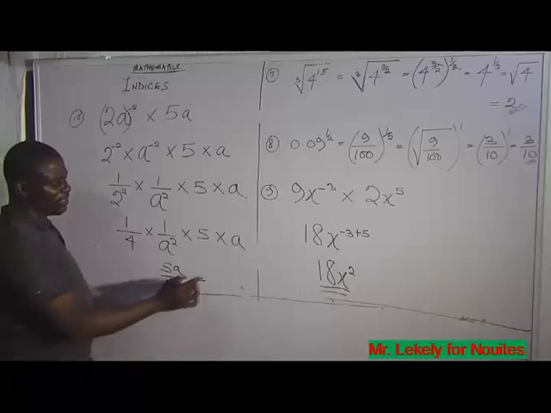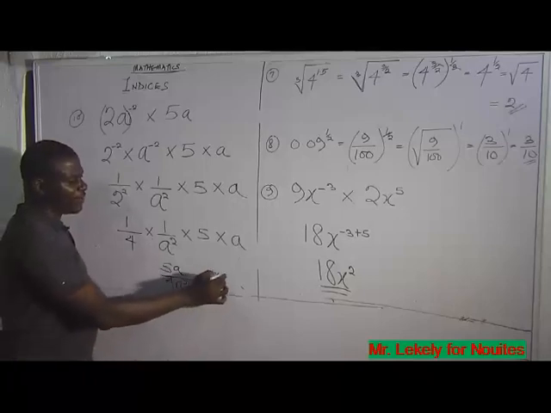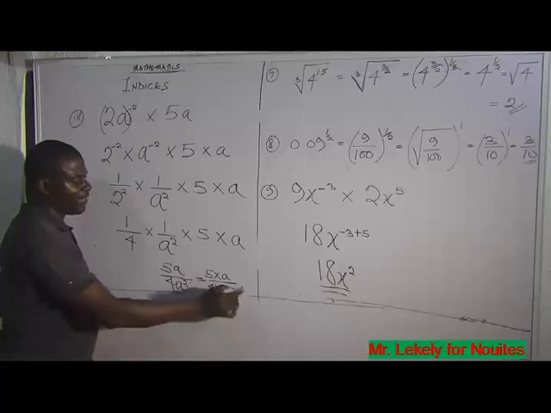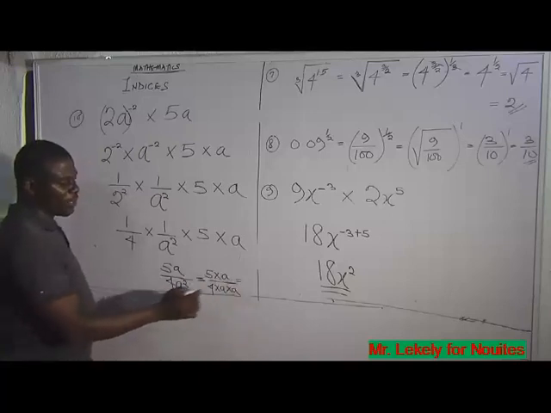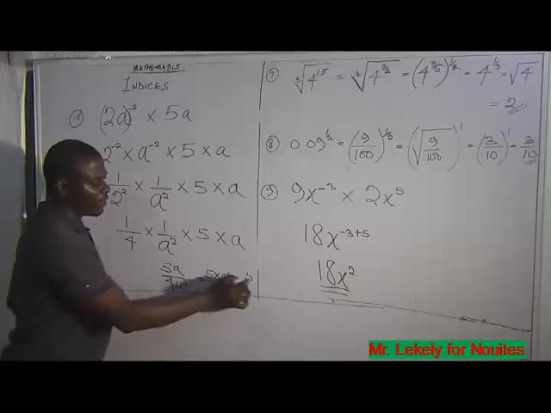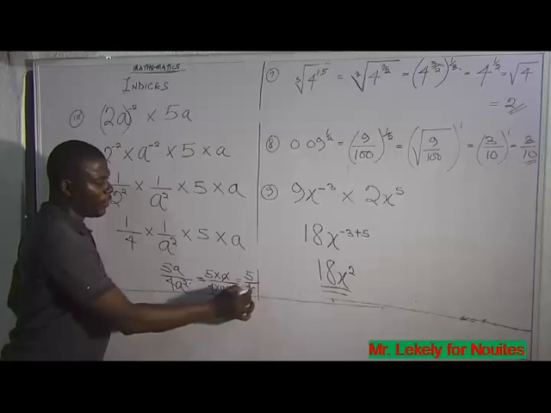Now with this, this is the same thing as 5 times a, this is the same thing as 4 times a times a, because it is a squared. So a will cancel 1a. So my final answer will be 5 over 4a.